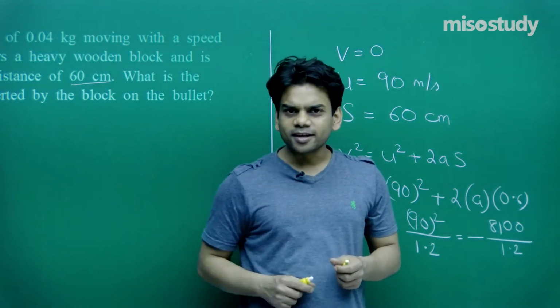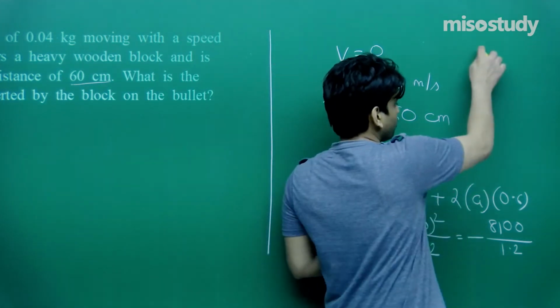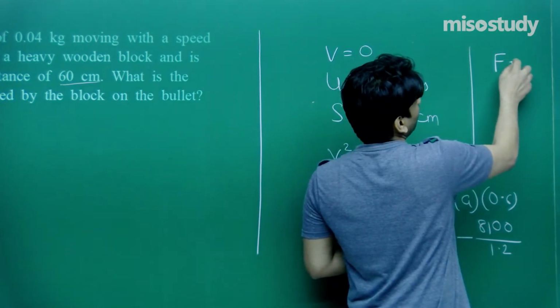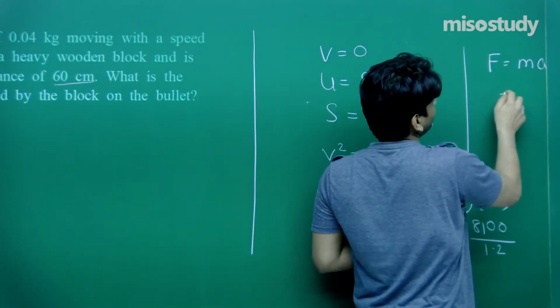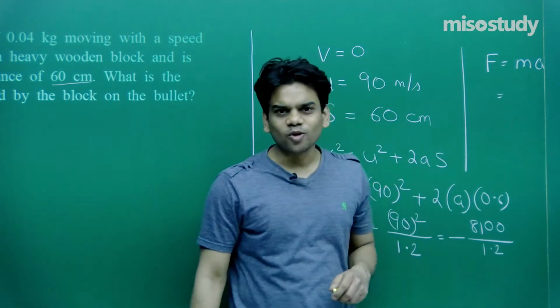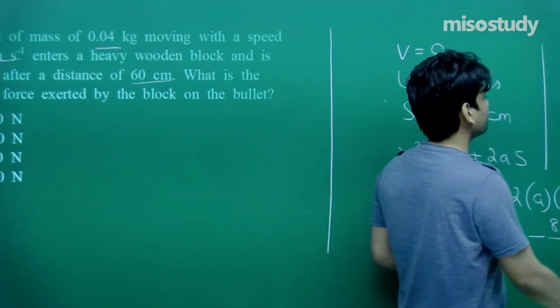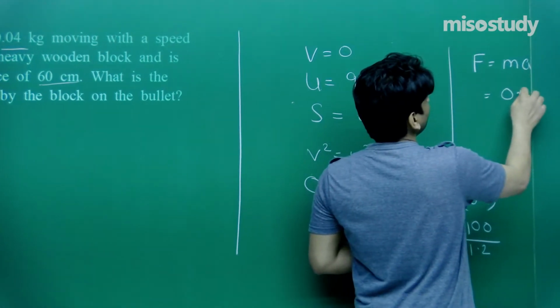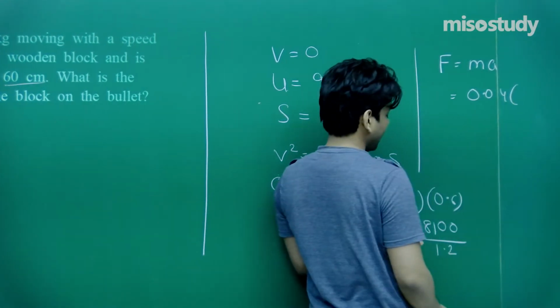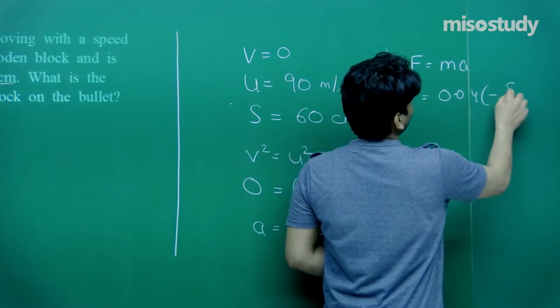Now the force exerted by the wooden block is simply mass into acceleration. Mass is given as 0.04 kg. So 0.04 multiplied with 8100 divided by 1.2, and it's negative.